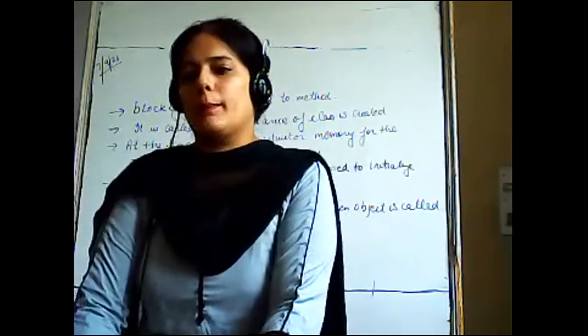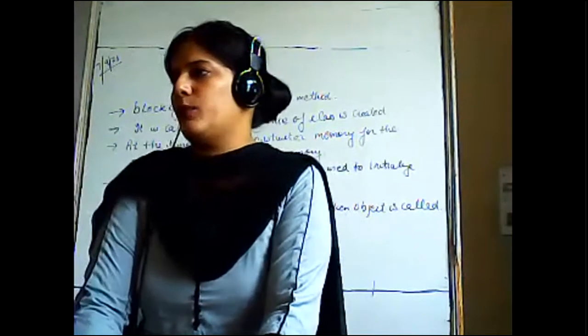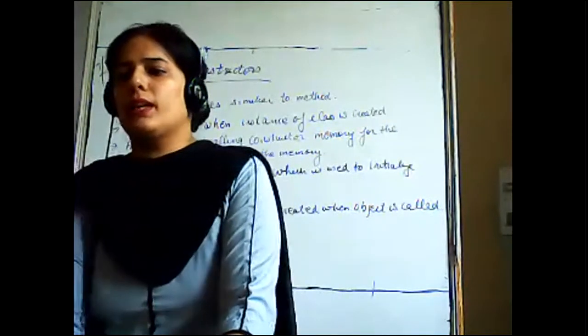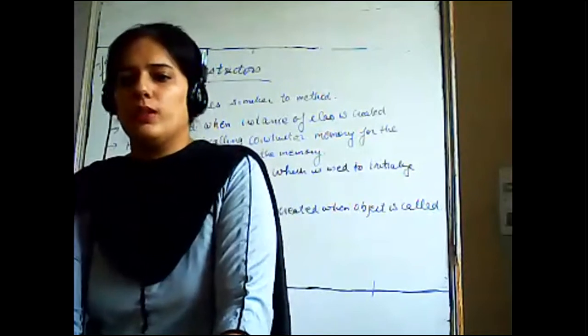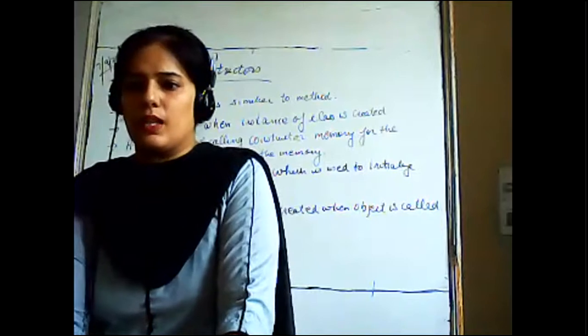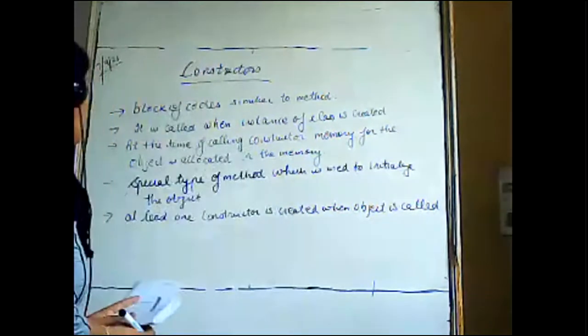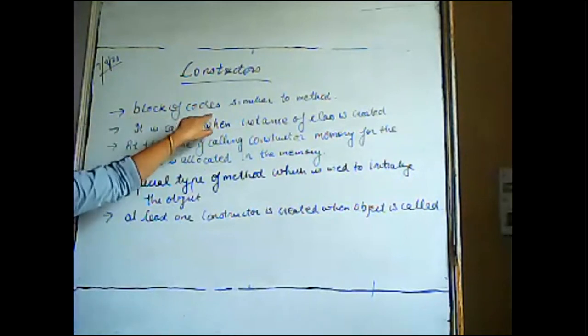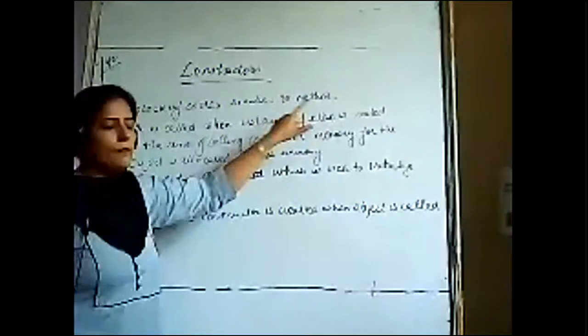So what happens is that, as we know, we allocate memory to the object when we use the new operator in order to call that object or initialize its value. So we can start like this: a constructor is basically a block of code that works similar to a method.